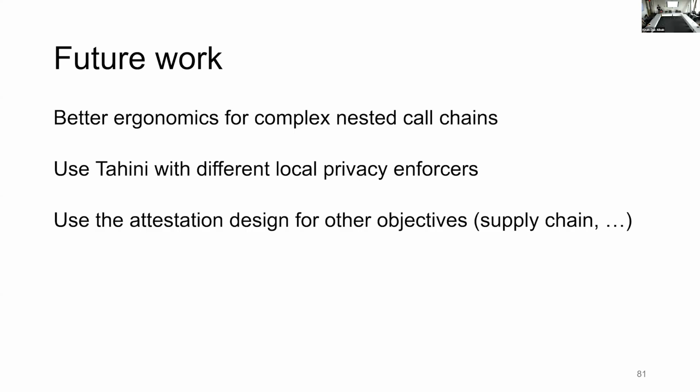Also, we would like to make Tahini a bit more flexible and independent, not so bound to Sesame as a local policy enforcement. In principle, Tahini is independent from the local policy enforcement mechanism. And then we are running into a bit more issues with the ergonomics regarding how you handle this recursive manifest disclosure when you have complex nested code checks.